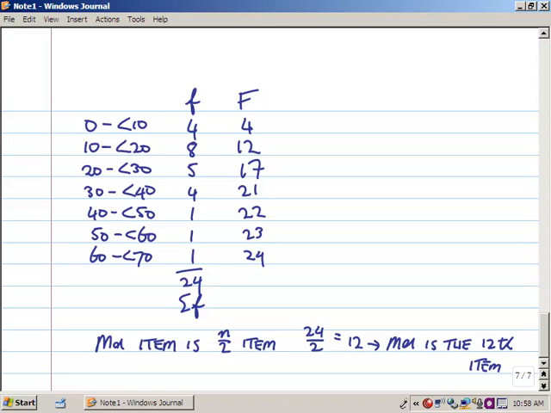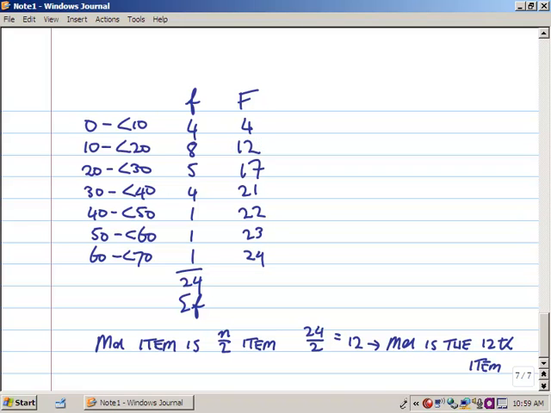Alright, so we're going to go through this table and look for the 12th item. There are 4 items below 10. Well, the 12th item's not there. We have 12 items somewhere below 20.